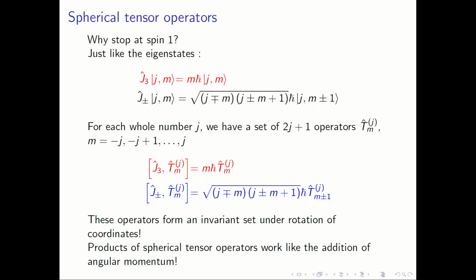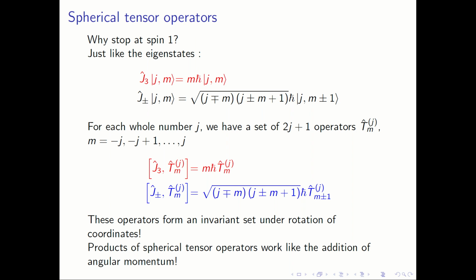Remember, the action of ad J3 on an operator is simply the commutator of J3 with that operator, and the action of ad J plus minus, which is of course the commutator with J plus minus on the same operator, essentially reflects the same algebra as the original J3 and J plus minus did.